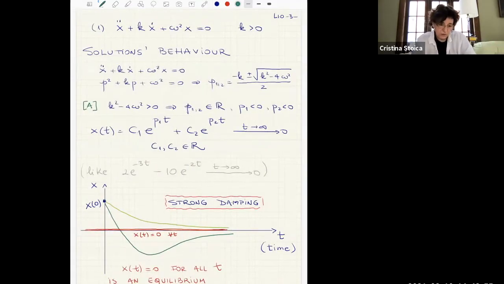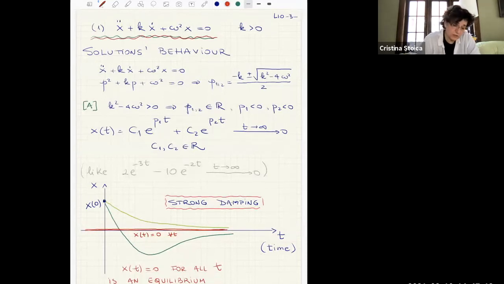All right, so now also last time we talked a little bit about the solutions' behavior, and I said you should study it from the book, but I said, what if I just write it for you and explain it to you line by line. So basically this second order ODE is really like an ODE from your first ODE course.